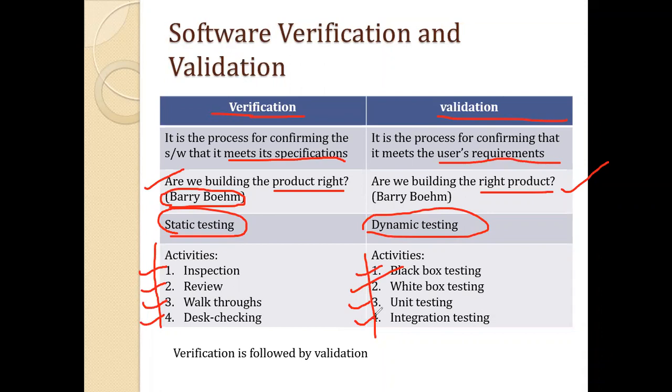So integration testing, whether the data is properly given to another module or not, and it will be processed there properly or not, that will be checked, and that is nothing but the activity of integration. So we can say that verification is followed by validation. So after verification, you will be going for the validation.